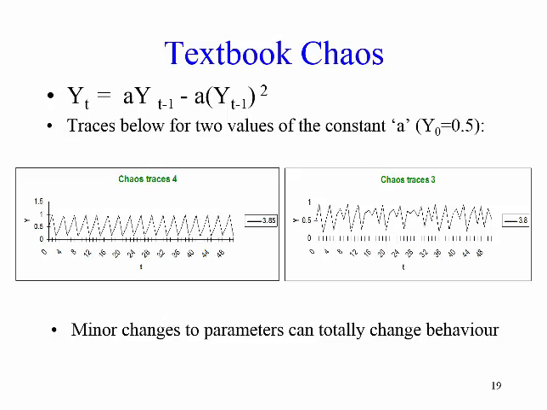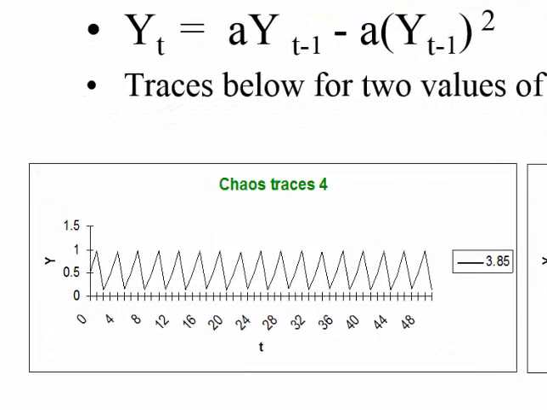This equation has been graphed for two different values of the coefficient a, as shown in the graphs in the centre of the slide. We will see on the left-hand example that when a has a value of 3.85, the value of y(t) tends to vary pretty much as a constant regular cycle.